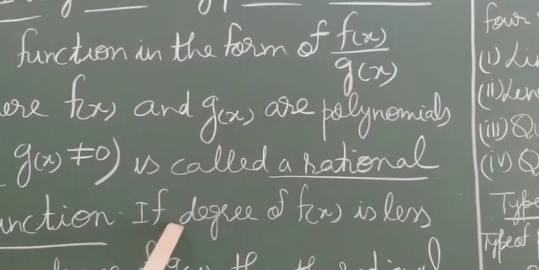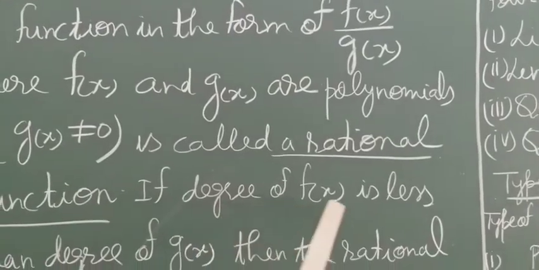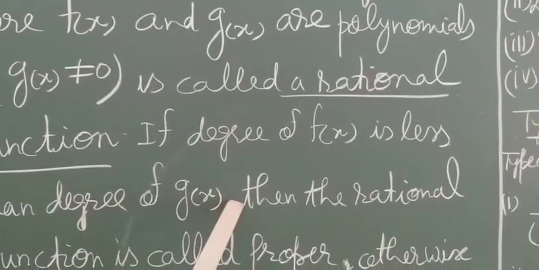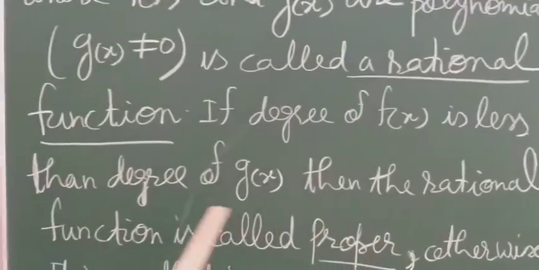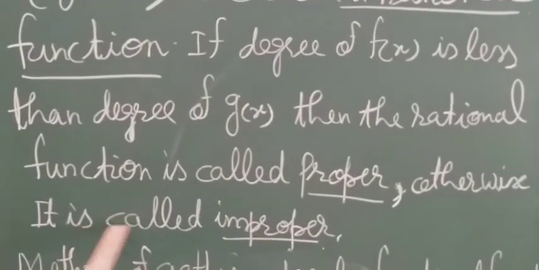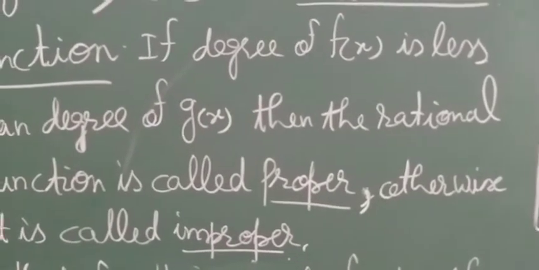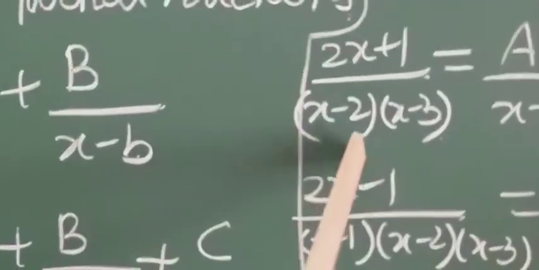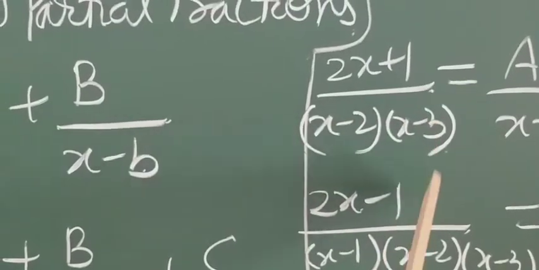Okay, if the degree of f(x) is less than the degree of g(x), then the rational function is called proper, otherwise it is called improper. So let us take one example, student. You can see this function (2x+1) upon (x-2)(x-3). The degree of the numerator is 1 and the degree of the denominator, when we multiply, is 2.